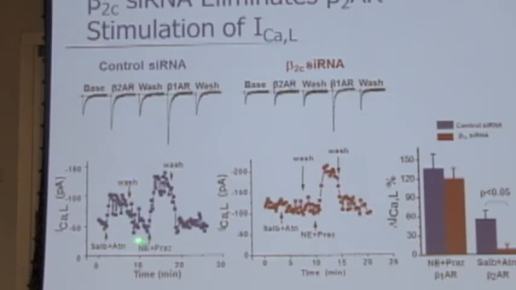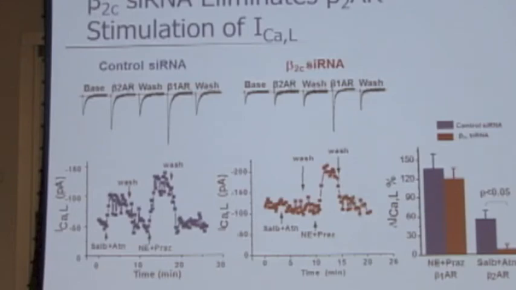You can wash out, and if you add norepinephrine plus prazosin to get beta 1 specific stimulation, you get an increase. If you then treat another group of cells with this siRNA to knock down the expression of the beta 2C subunit, you block the effect of beta 2 adrenergic stimulation, but you can still see the beta 1 stimulation.